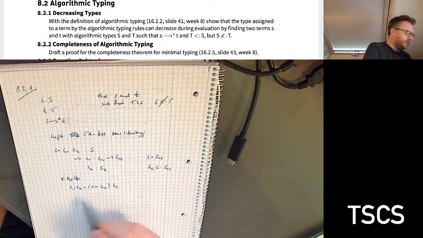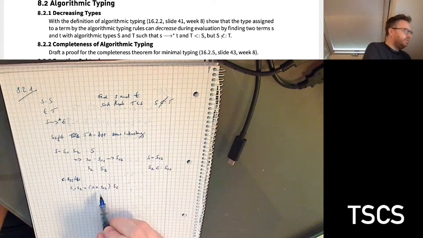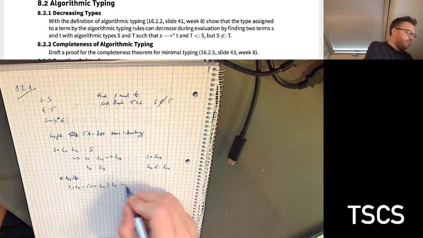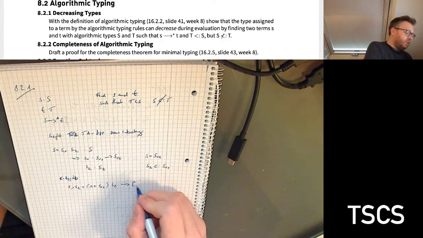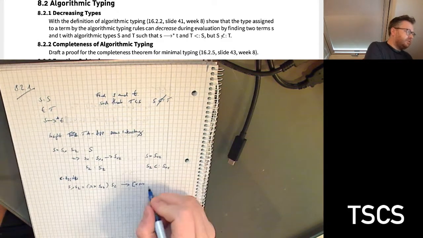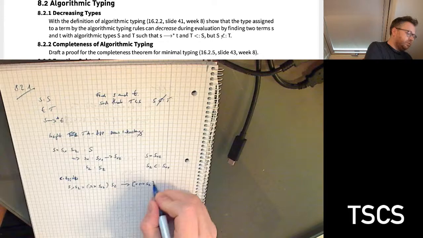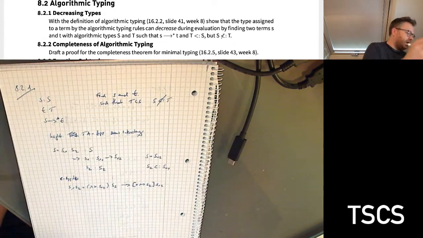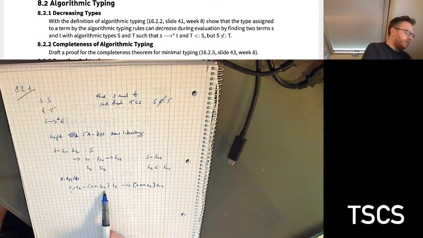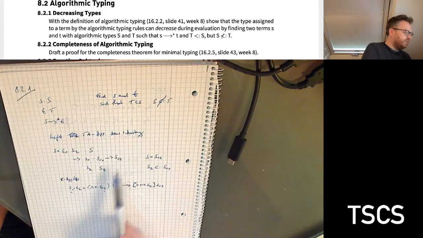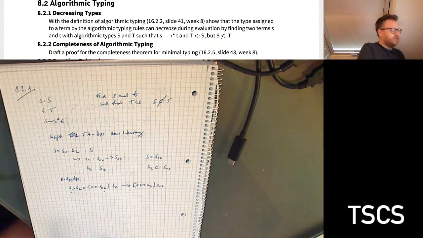So we can basically unroll S1 here. And that evaluates to something where X is substituted by S2 in S12. So now we've decomposed this function into a variable and a body, which we can always do because we know it's a function from S11 to S12. We've set that, so we can also decompose it in this form.